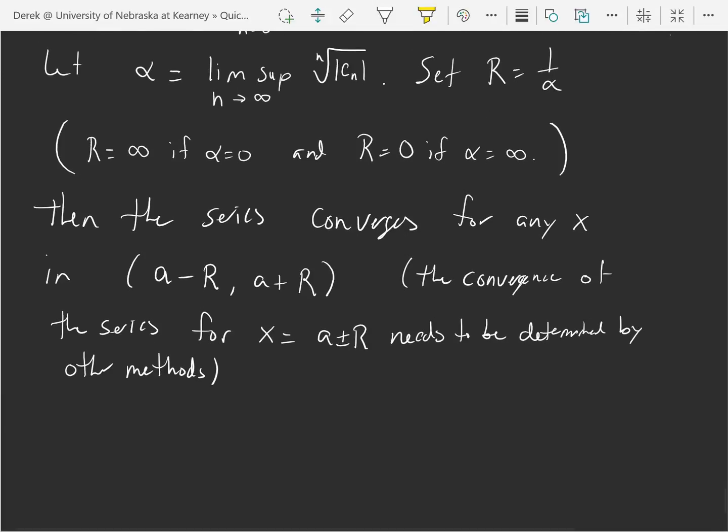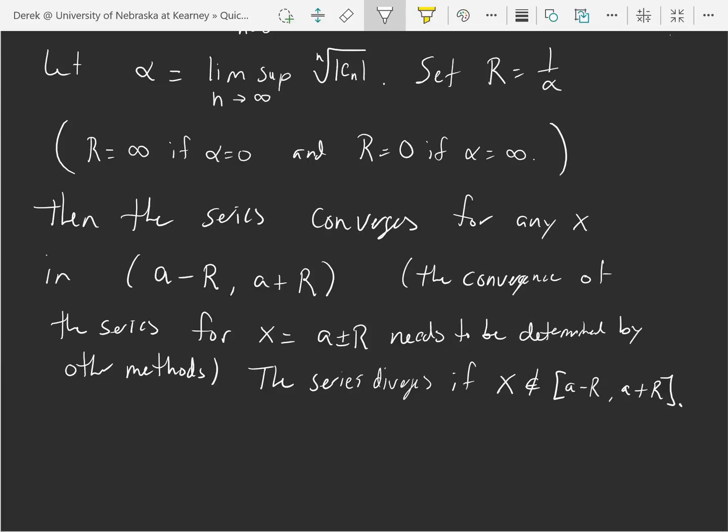But the series also diverges if you're not in this interval. So I'll close that interval and say if x is not in the closed interval, then it's going to diverge.